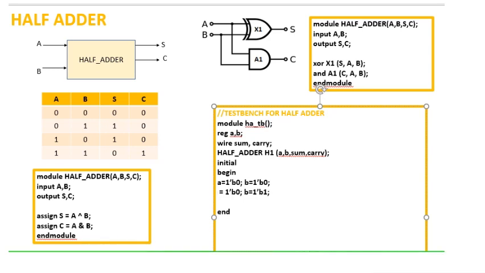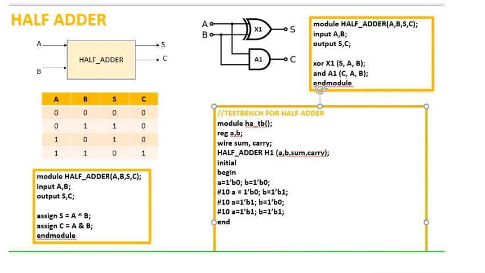Now second, I need to specify after how many time units. I will take it as 10. Next, again after 10 time units, I say a will become 1 and b will become 0, and finally again after 10 time units, a will be 1 and b will be 1.